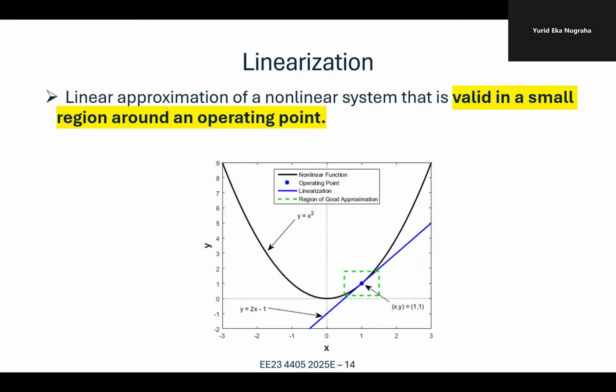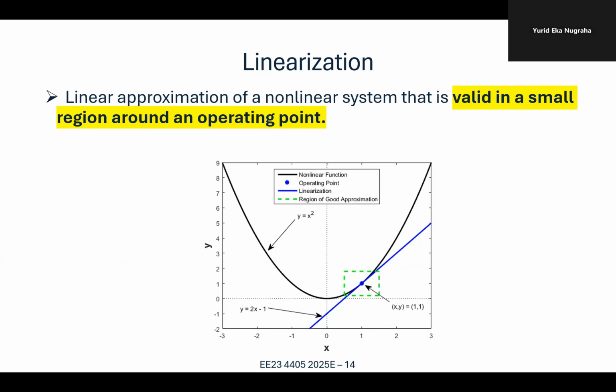This linearization is basically an approximation of a nonlinear system that is valid in a small region around an operating point. So the curve here is a nonlinear curve.